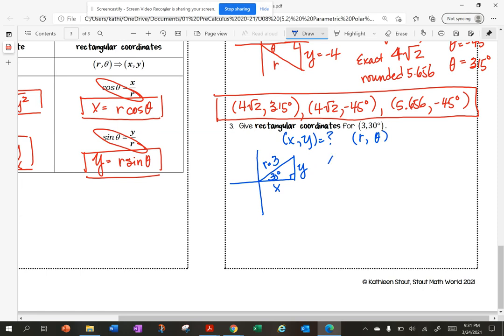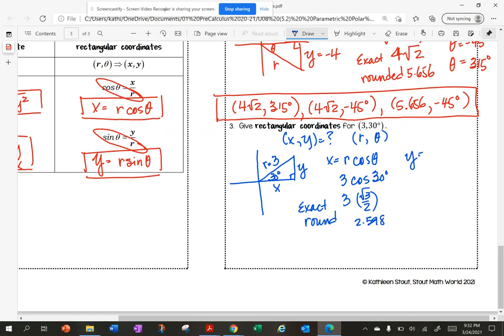So my equations are x is r times the cosine of theta. And we said theta is 30 degrees, so x is 3 times the cosine of 30 degrees. The cosine of 30 degrees is the square root of 3 over 2. I want the exact number. So this is exact. If I round, this is going to be about 2.598.